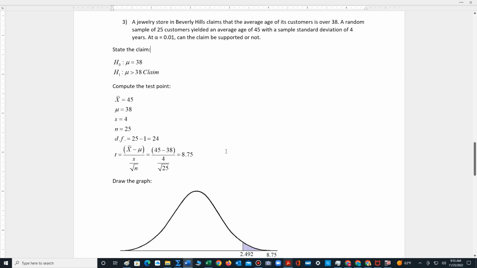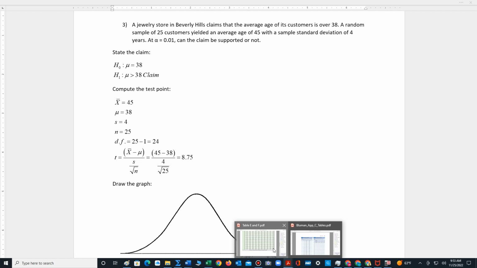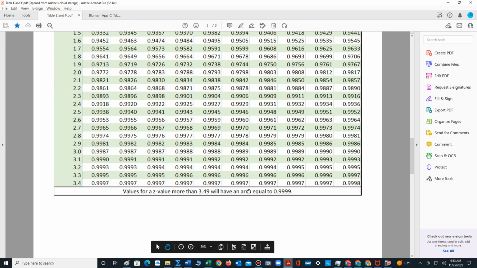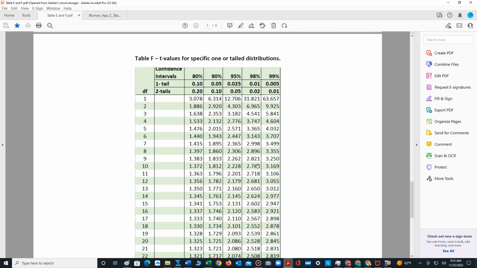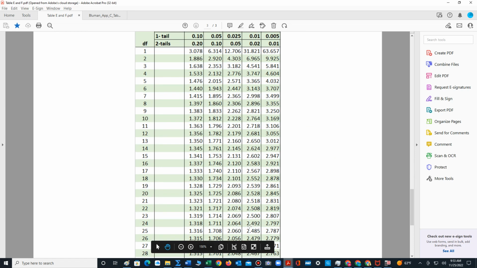And we look up the critical value in table F using the degrees of freedom and alpha. So it's one tail, 0.01. We go all the way down to 24. 2.492.